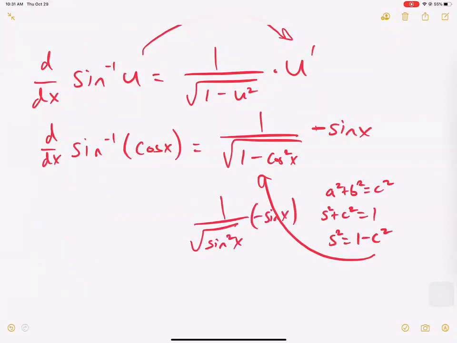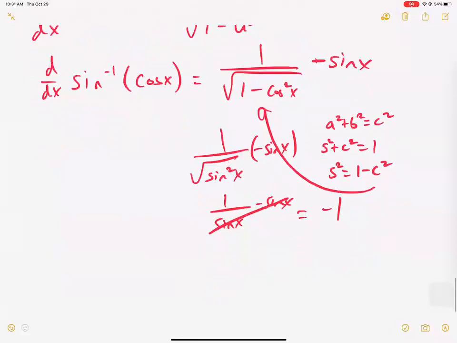The square root of sine squared is sine, so 1 over sine times negative sine. They cancel out, equals negative 1. Okay, so that's really how you use it. Honestly, that's how you use it.